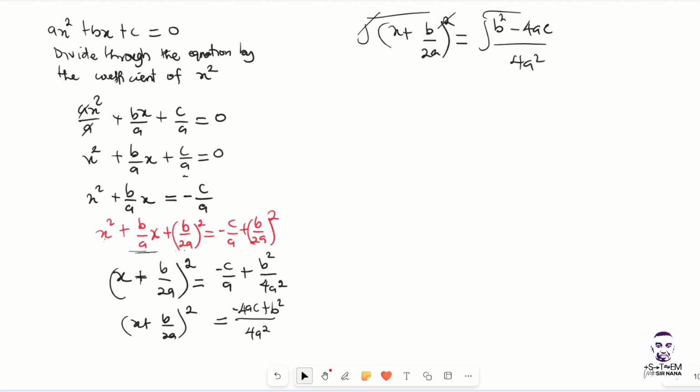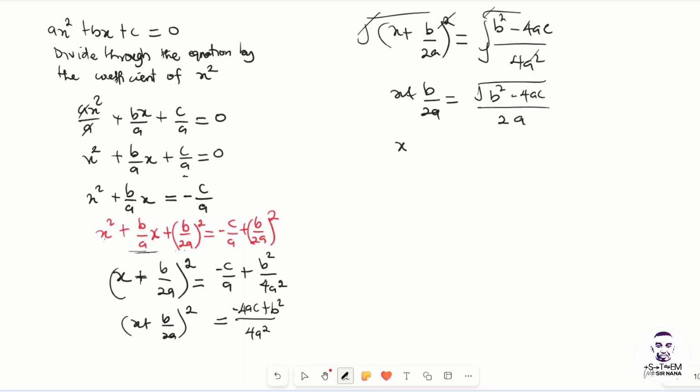So this cancels this, so we have x plus b all over 2a is equal to the square root of, remember it affects everything here. So this side we can't do anything about it, so we have square root of b squared minus 4ac. But then when you look at the denominator, square root of 4 will be 2, and then the square root of a squared will cancel the square. So this square root will cancel the square here, so we are going to have 2a.